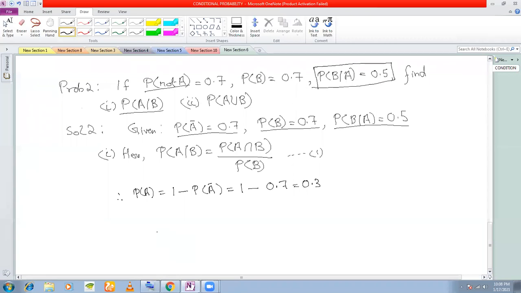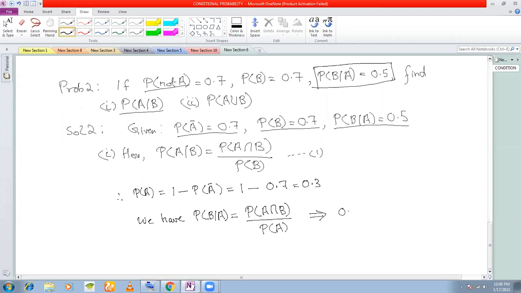Now what is the formula? We have P(B|A) is equal to P(A intersection B) divided by P(A).